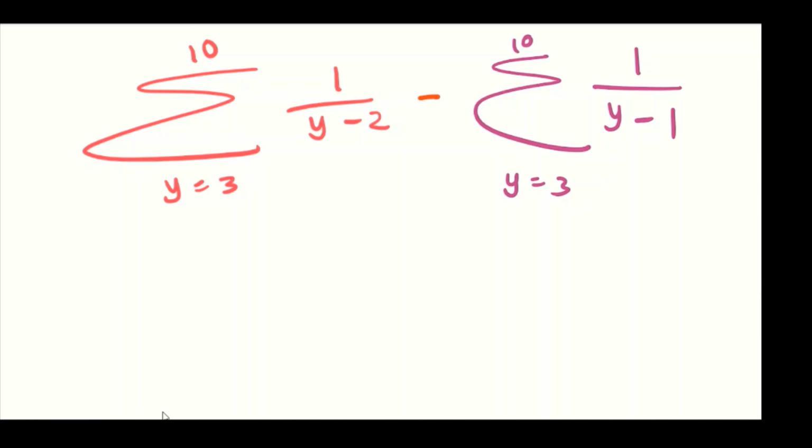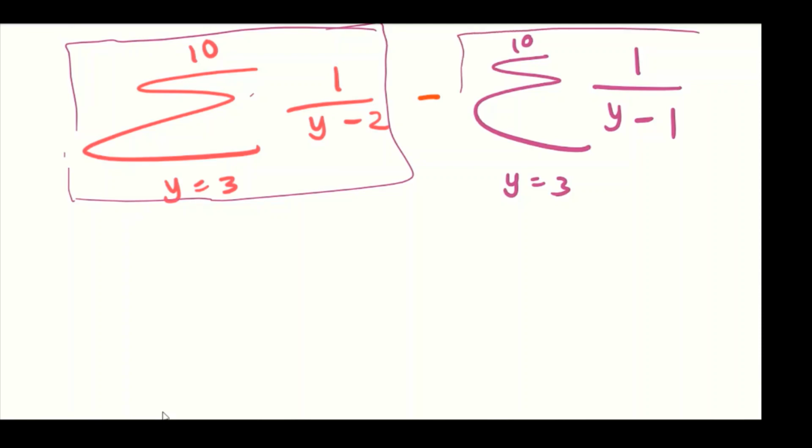So for us to solve this, we can identify the sum or the entire number of terms for this portion here. We can just identify all of them because we are starting at y equals 3 and ending at 10, right? So it's not really a lot of terms, so we can just write down all of them.